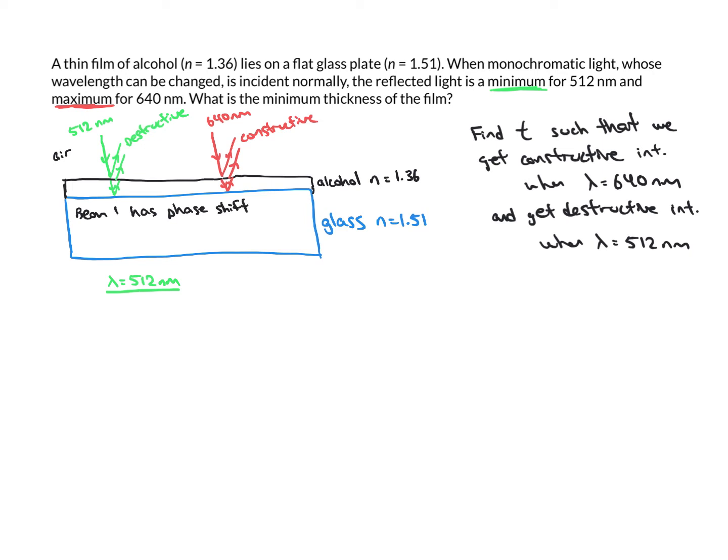Beam 2, that would be alcohol to glass. So let's see, alcohol has an index of 1.36, and glass has an index of 1.51. So actually, again, we are going from a faster to slower medium, so we will have a phase shift as well. The beams are in phase.